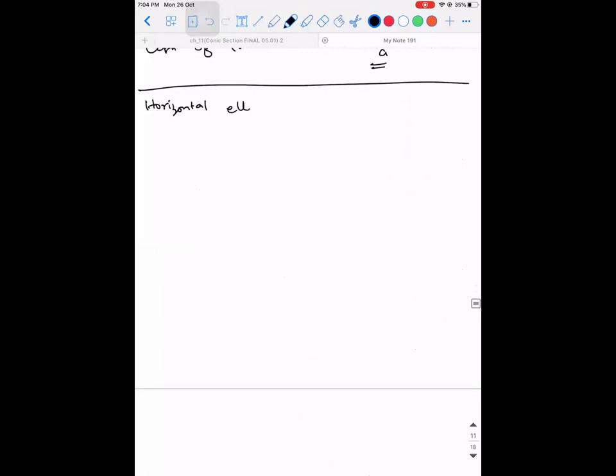So whatever points I'm giving is for a horizontal ellipse. What is the equation for it? x square by a square plus y square by b square is equal to 1, where a is greater than b. What is the axis for it? The axis is y is equal to 0 because it is the x-axis.